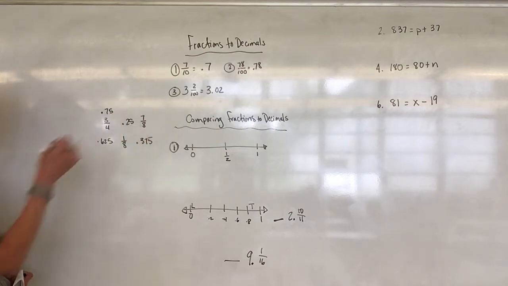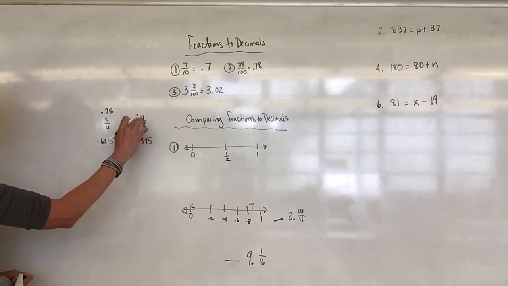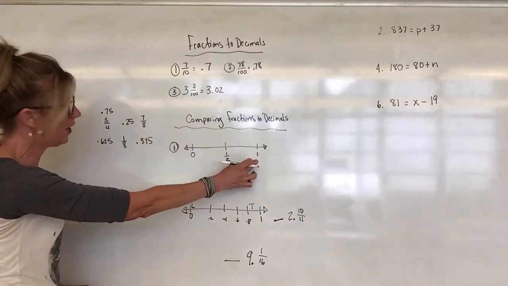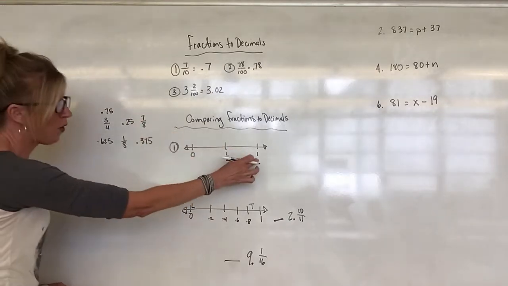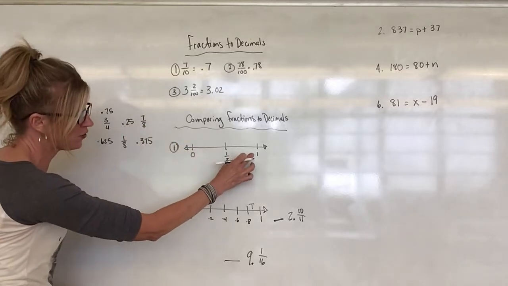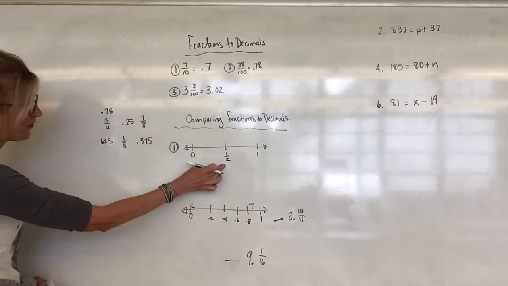7 divided by 8, get a decimal. Another way to look at it is, if I have 8 things, and I have 7 of the 8, I'm really close to being 1 over 1. Like 8 out of 8 equals 1. So obviously my 7/8 is going to be really close here to number 1. My 0.25, that's not even a half yet.